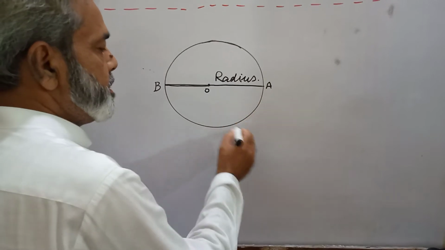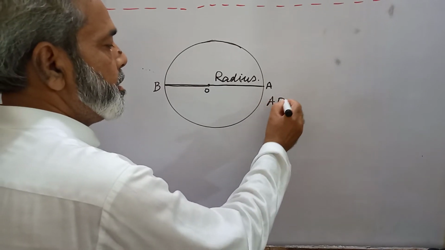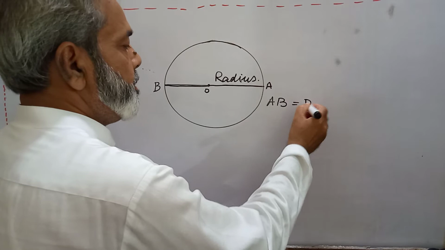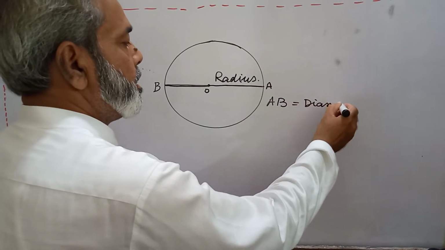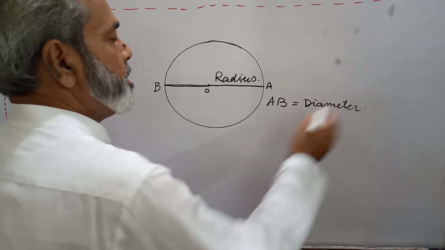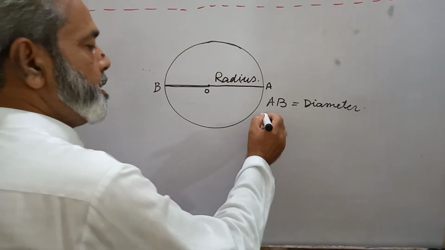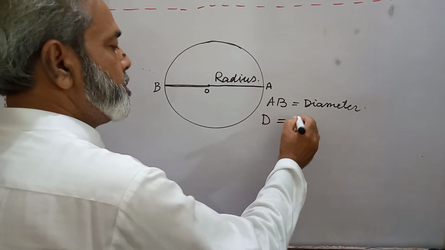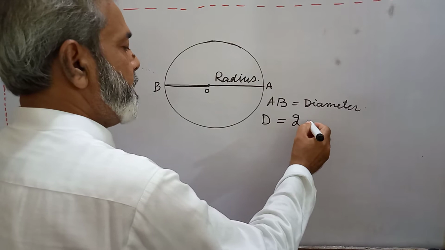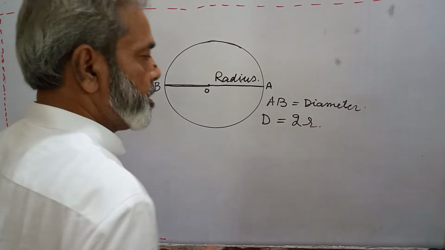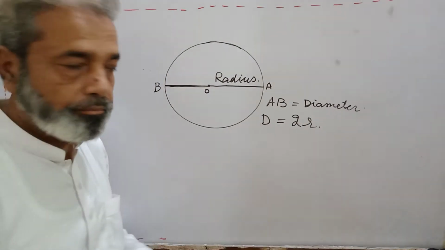OA is the radius and AB equals the diameter. This means the diameter equals 2 multiplied by r, twice r is the diameter.